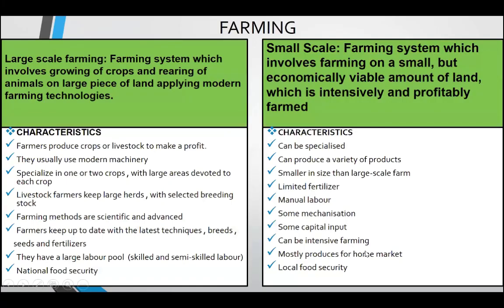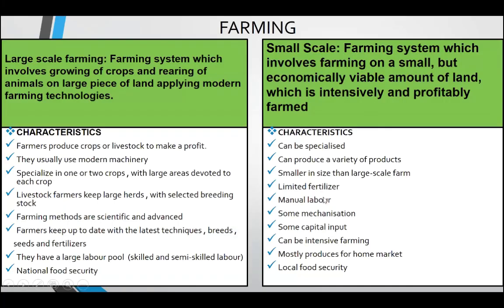Now, let's look at farming. We have two types of activities that we're looking at here: small scale farming and large scale farming. Under farming, what is the difference between large scale and small scale?